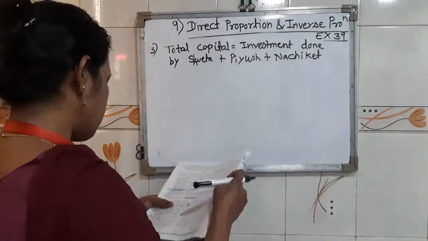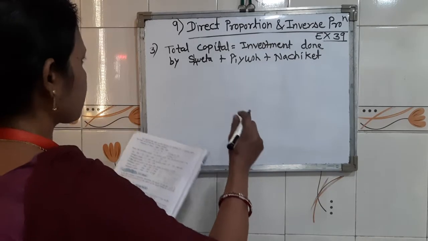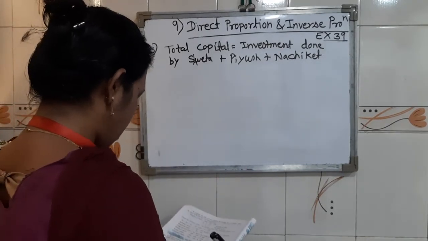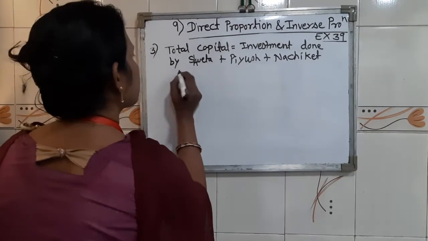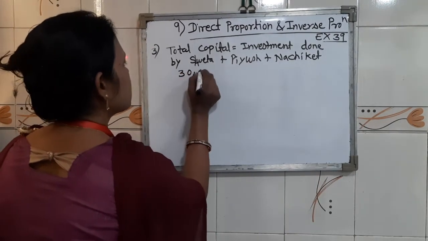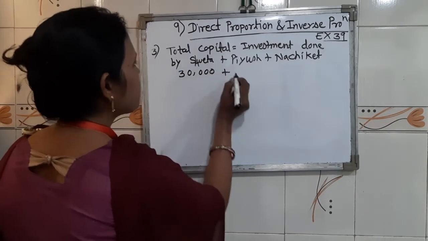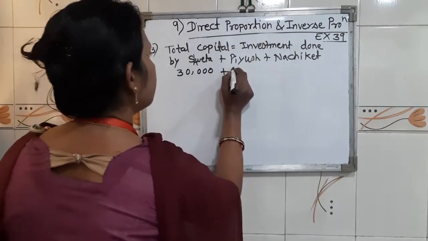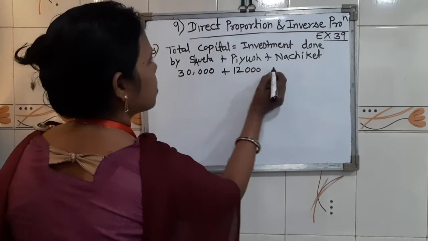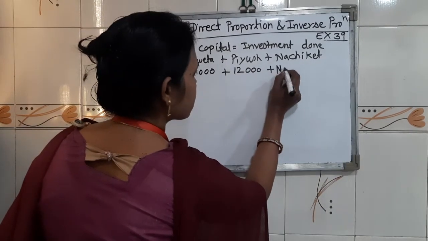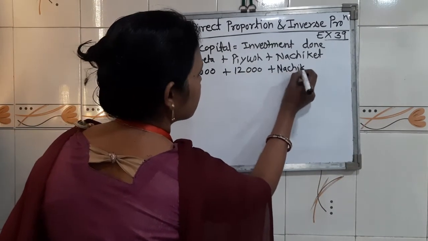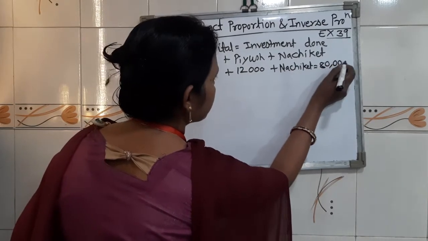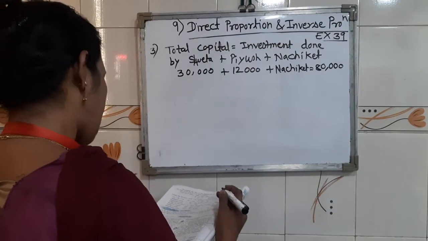Now Sweta's investment is given 30,000. Piyush's investment is 12,000 and Nachiket's investment is not given. We are going to find out, but total investment is given 80,000.